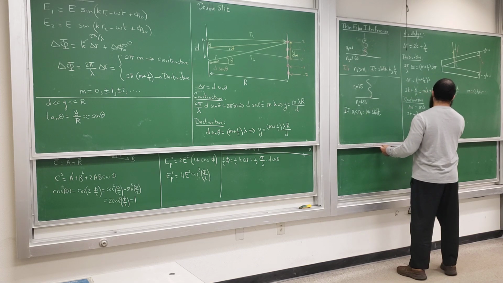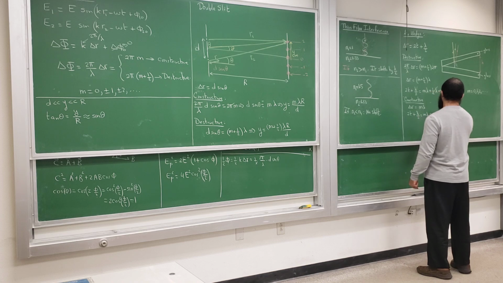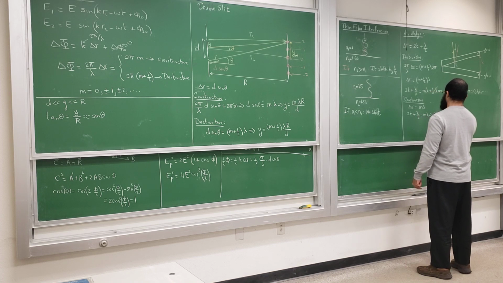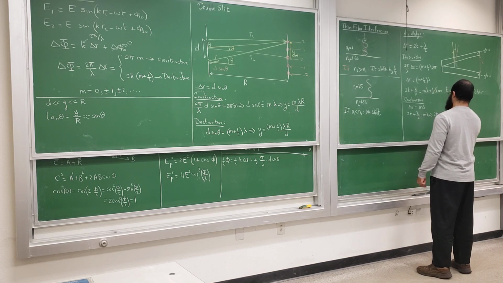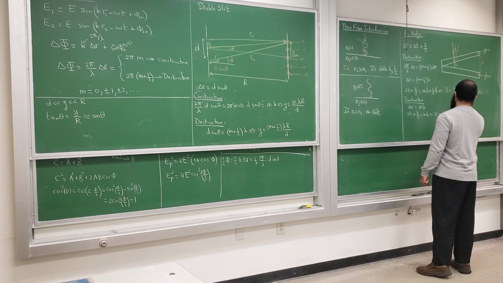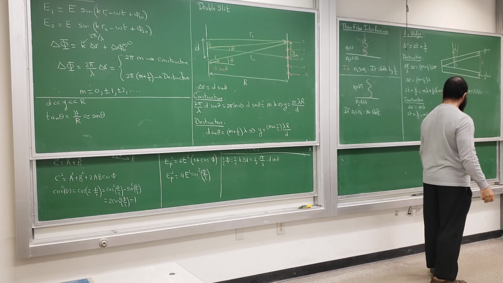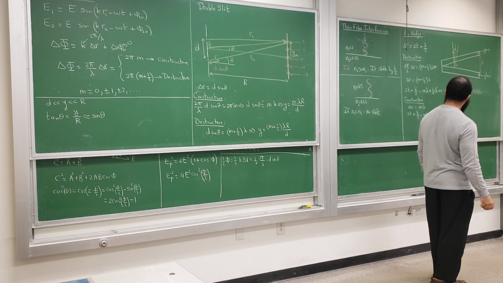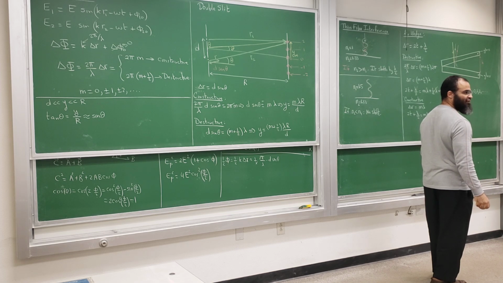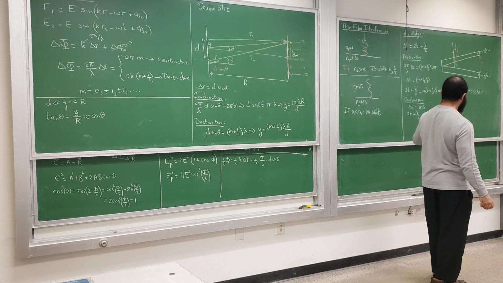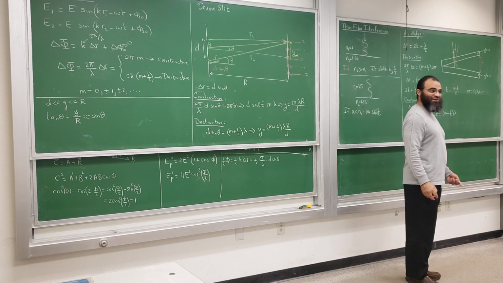So we get 2t equals m minus a half times lambda, right? Do we agree with that? I'm counting on you to help me with the algebra.